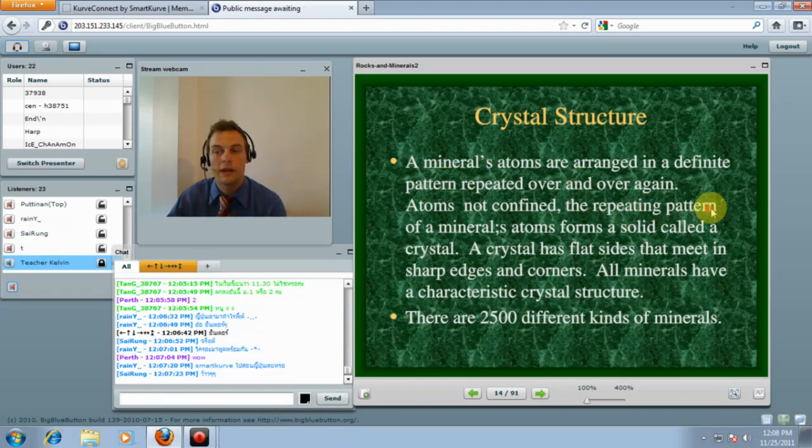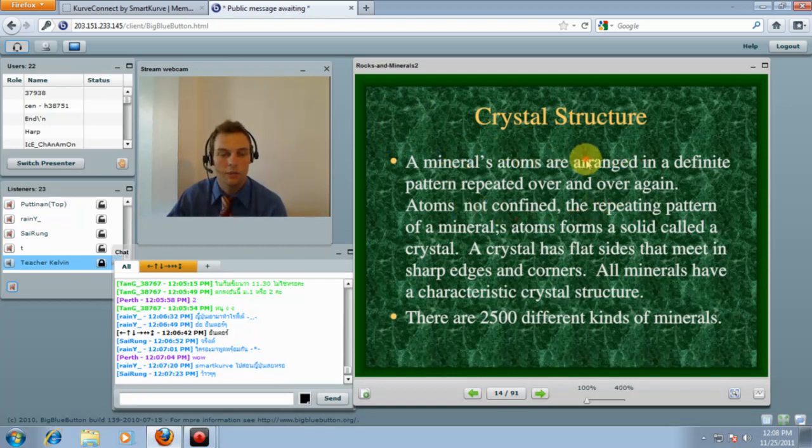It's a repeating pattern. So say your material that you're studying has a crystal structure where there's 4 atoms arranged like in a square, and that's packed by another one that's arranged in a square. Or you have one that's a triangle, and then another triangle, and then another triangle.